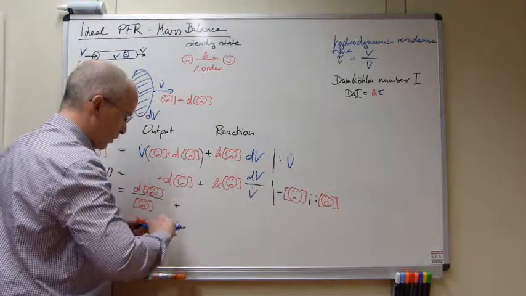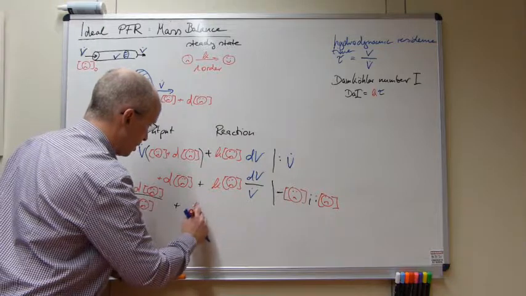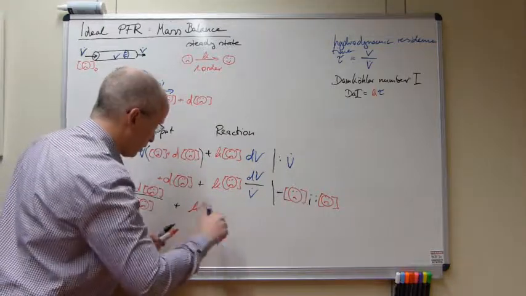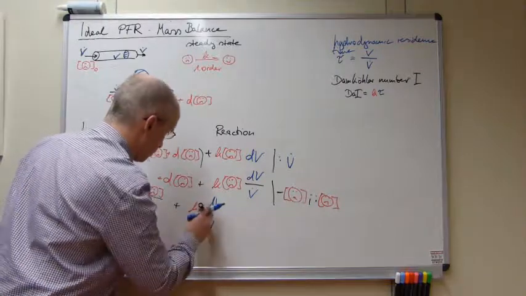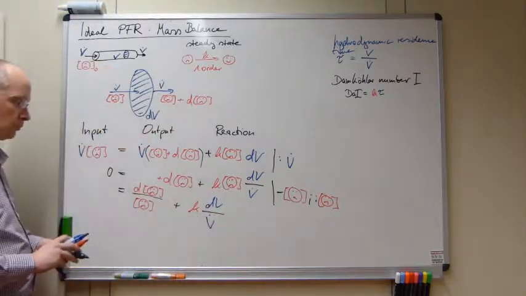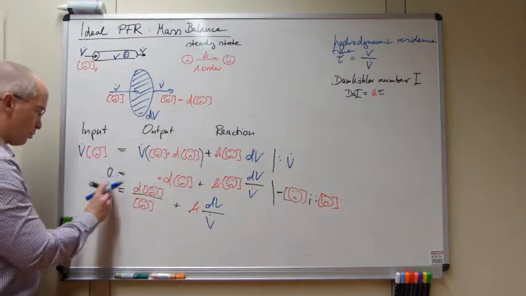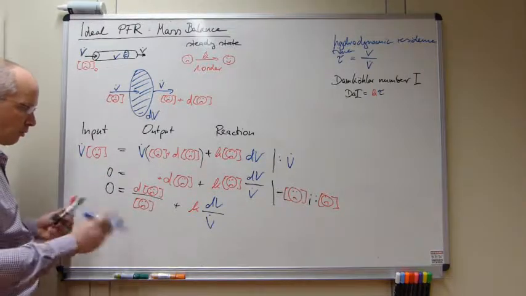And we will have another term which is K times dV over V dot, which equals 0.